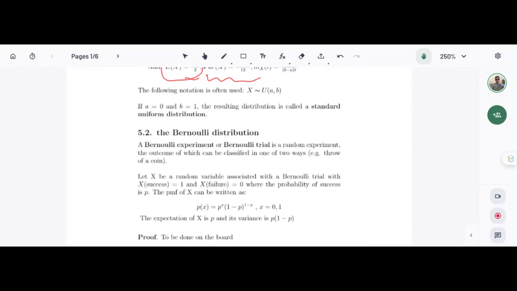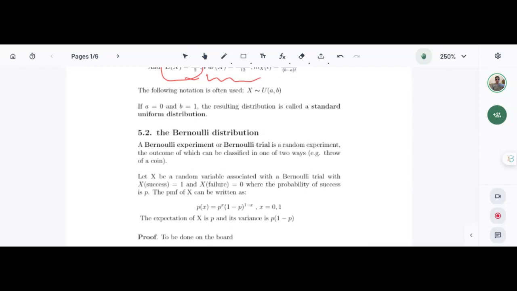So remember, Bernoulli trials, Bernoulli experiments, are random experiments which have binary outcomes, one of which is success and the other one is failure, and they are independent. If you keep repeating the Bernoulli experiments, they should be independent of each other.